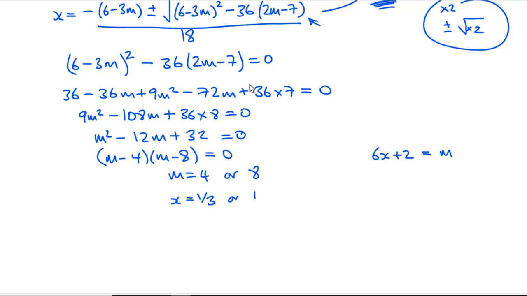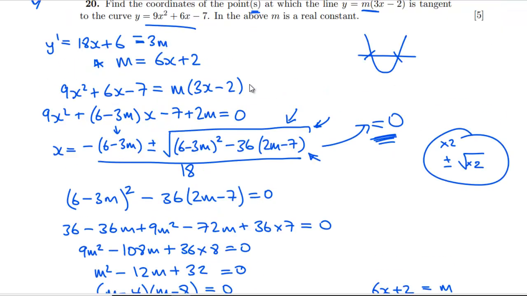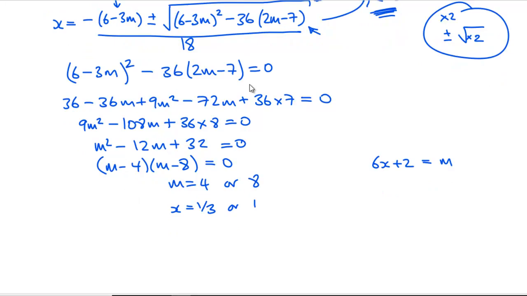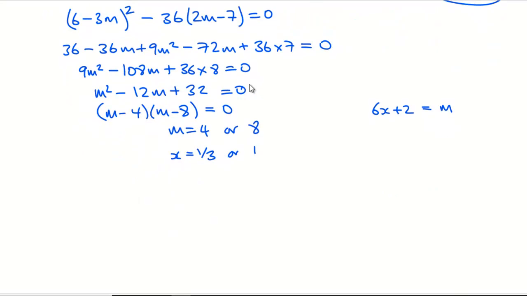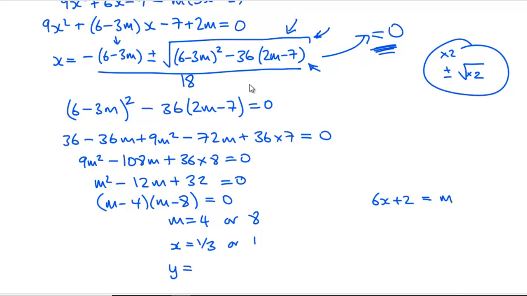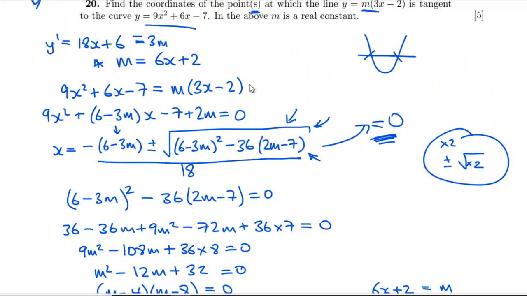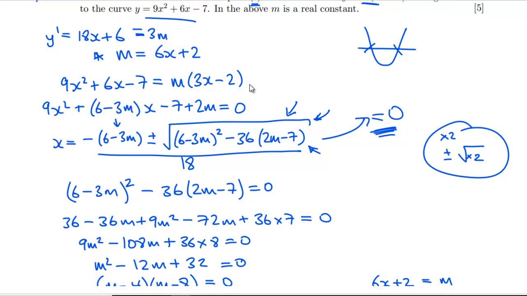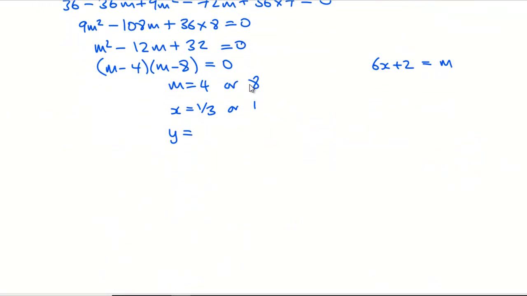And then what are we actually trying to work out? We're trying to work out the coordinates of the points. So y is going to be equal to, I've got to go back up again. It's m times x minus 2, easier than using the quadratic. That's what y is.